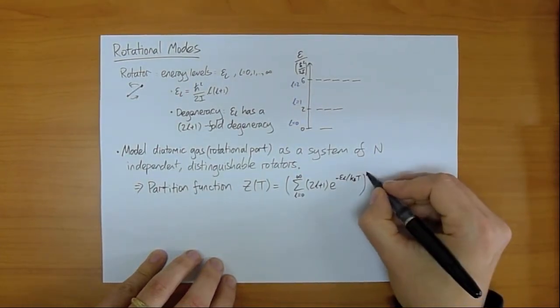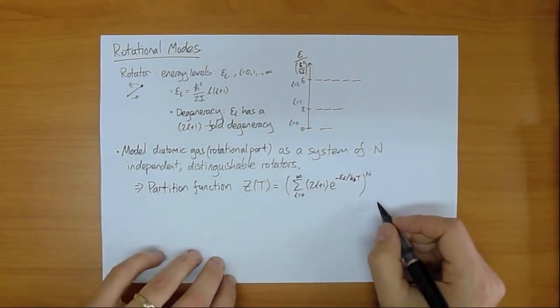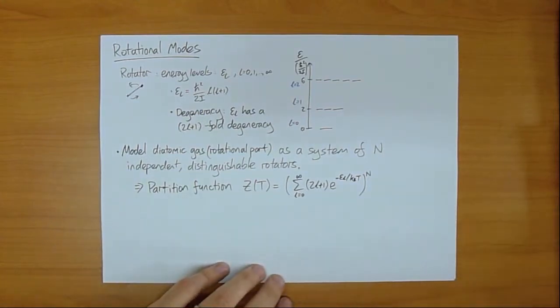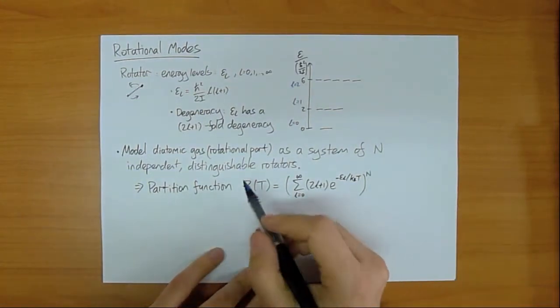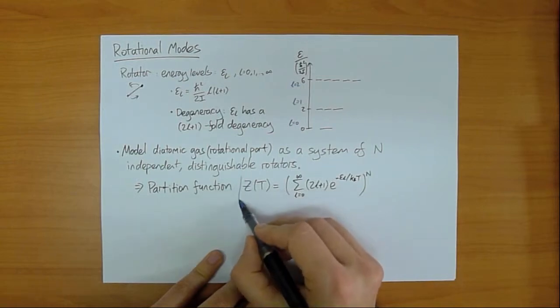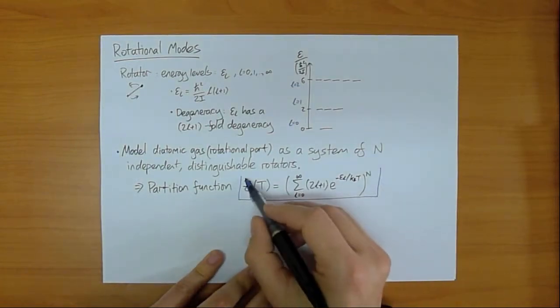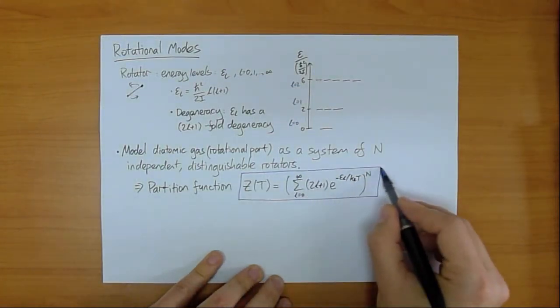And there are n of them, so this is to the power n. Okay, so this is the form we get for the partition function. If we can calculate this, then we can find out all of the other thermodynamic properties.